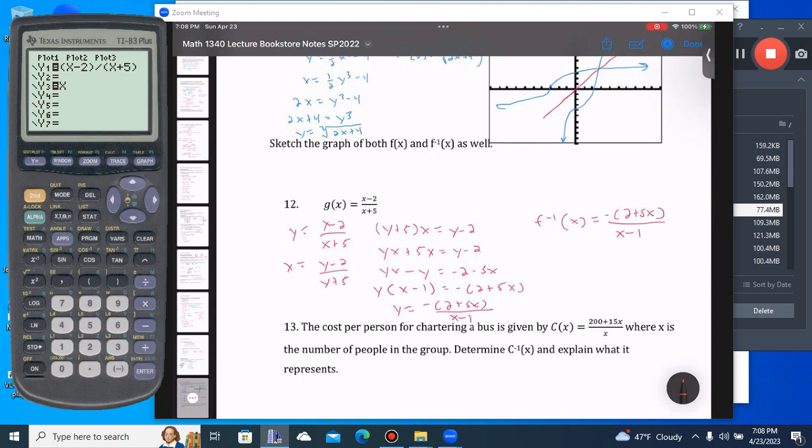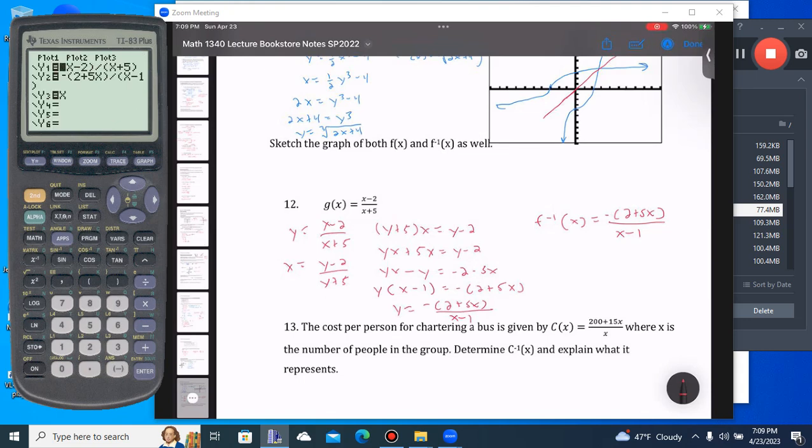Second one, graph negative 2 plus 5x, divided by x minus 1. This is harder to see. And we have an asymptote even.